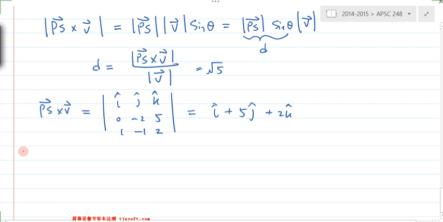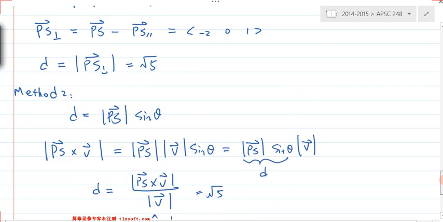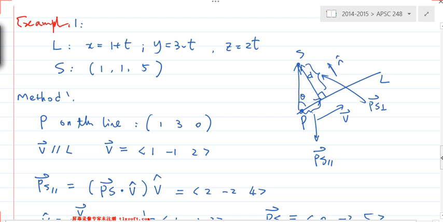So let's try the third one here. Any questions? Okay, the third one. Let's go back to the original thoughts. As one of the students suggested, if we have the n hat, we can just use PS dot n hat.